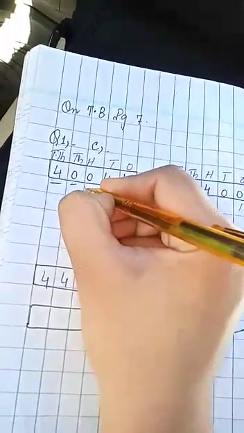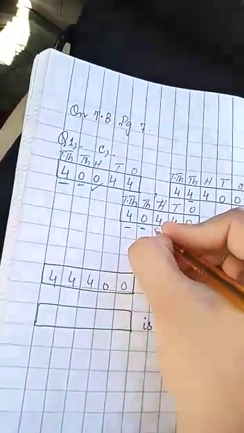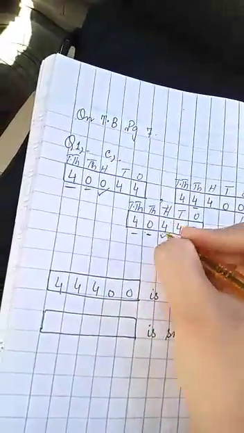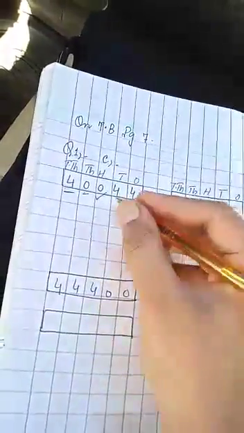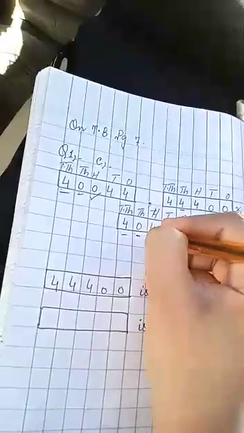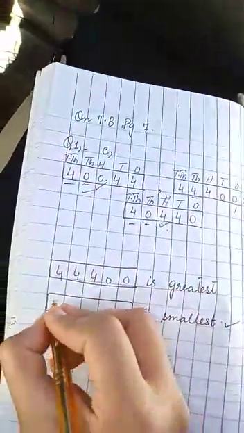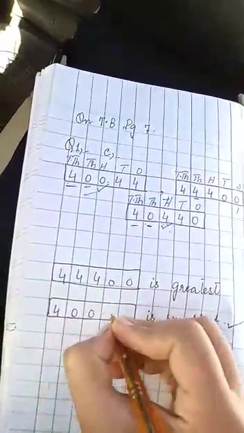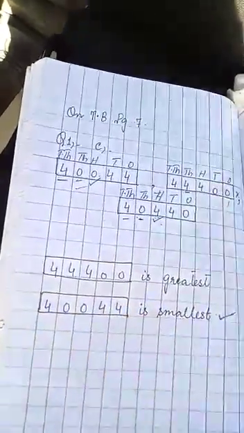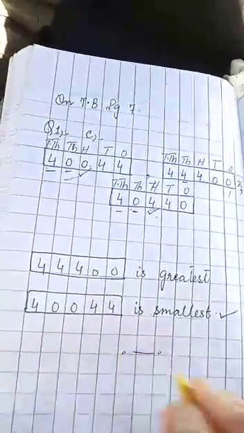Here the digit at the 100 place is 0, and here the digit at the 100 place is 4. So 4 is greater and 0 is smaller. So this number is the smallest one: 40044. Here the comparison is over.